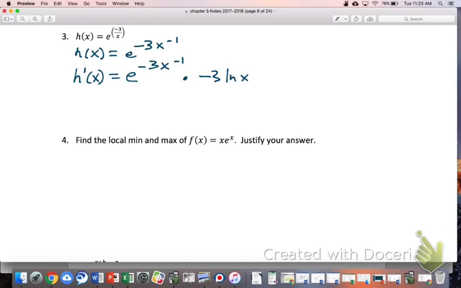So this is the time of year when that happens a lot. You know full well that the intention is to find a derivative, but you just accidentally find an antiderivative, or vice versa. So please be super careful not to do that. That, of course, was wrong. This would be 3x to the negative 2.